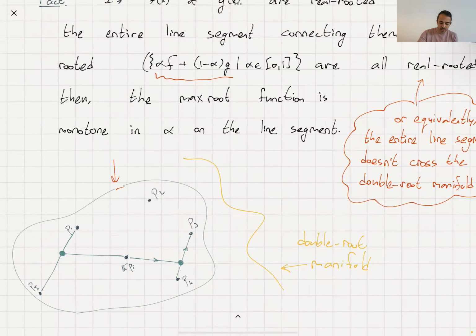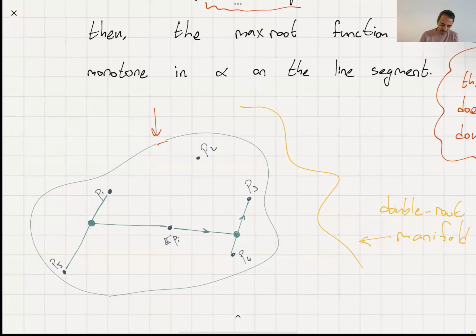Because when you look at this picture and you have a bound on the max root of this polynomial, you know that on that line, the function either increases or decreases, or it's constant, maybe depending on direction.